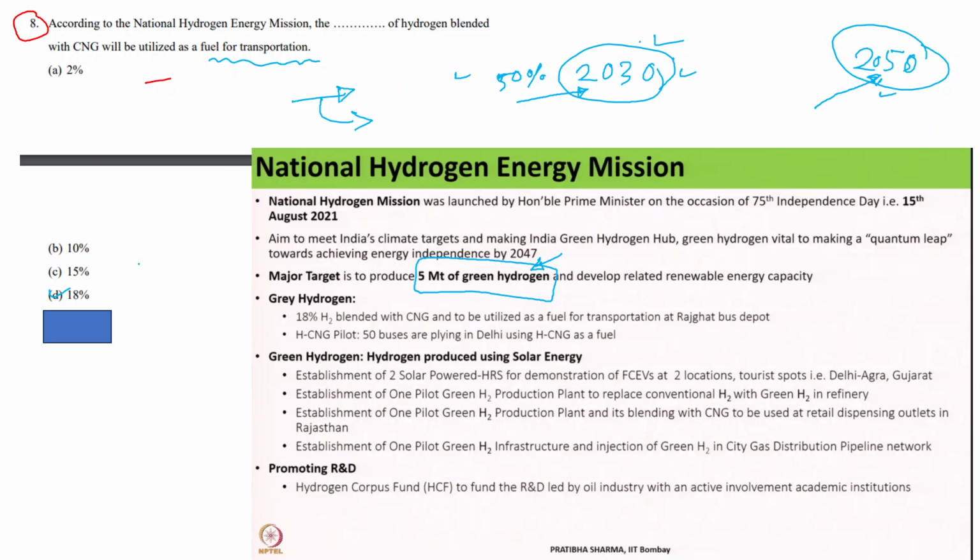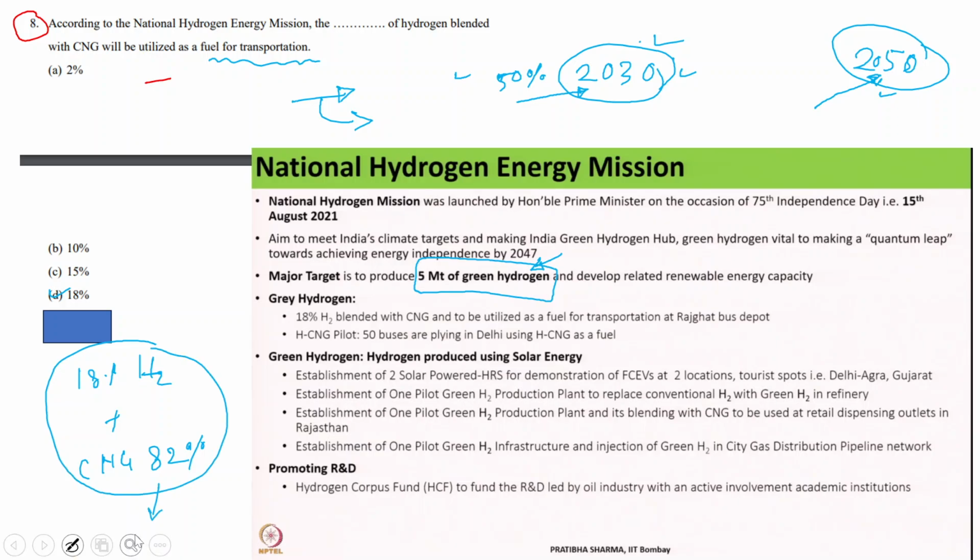So when we mix 18% of hydrogen with the CNG, remaining 82% CNG, it is used in the combustion process. So the combustion process efficiency is less, less than 20%.